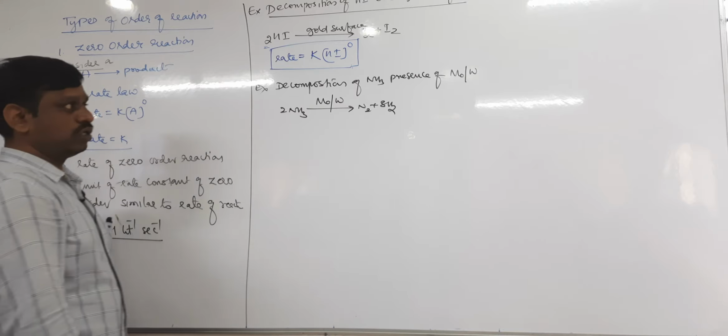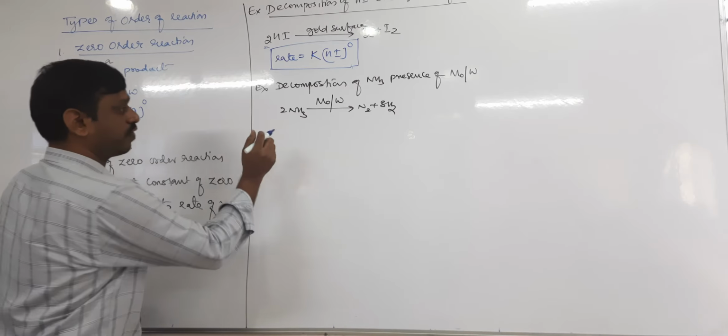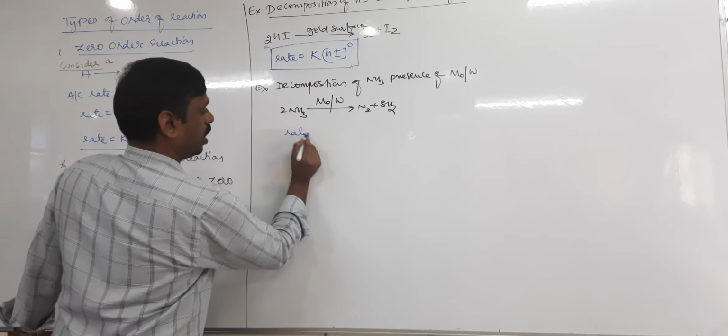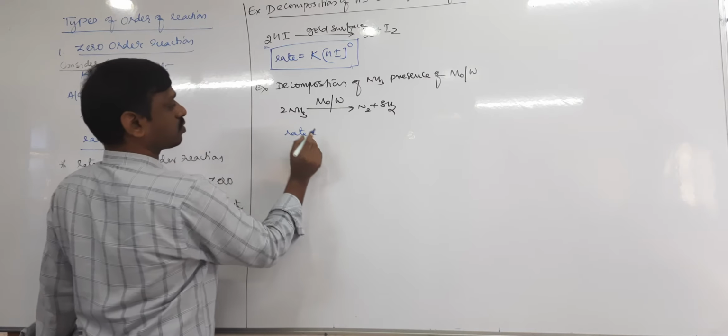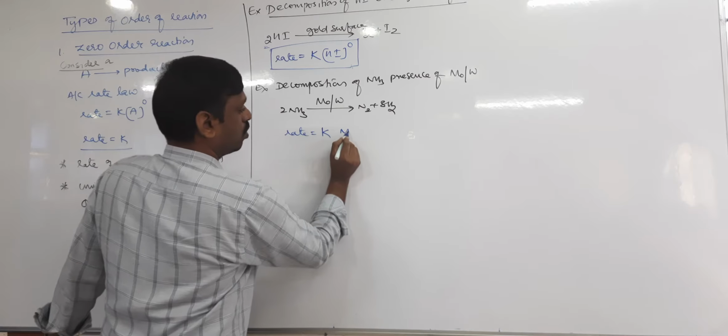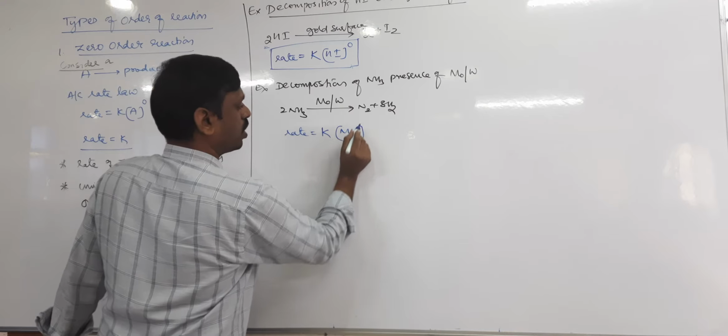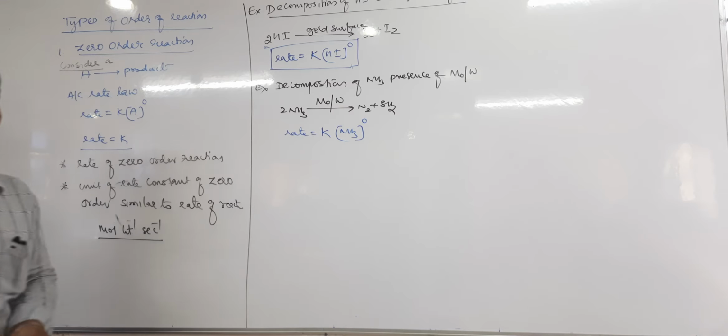So it is also a zero order reaction. Write the rate equation for this: rate equal to K into molar concentration of ammonia power 0.